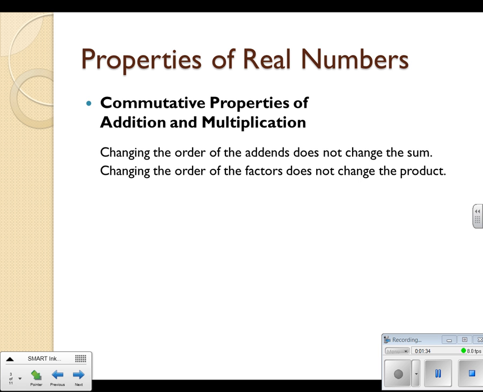So using algebra, let's look at the commutative property of addition. If I have A plus B, we know that that's the same as B plus A. An example using numbers instead of algebra, 18 plus 54 is the same as 54 plus 18.